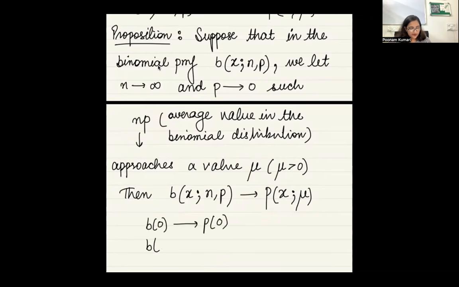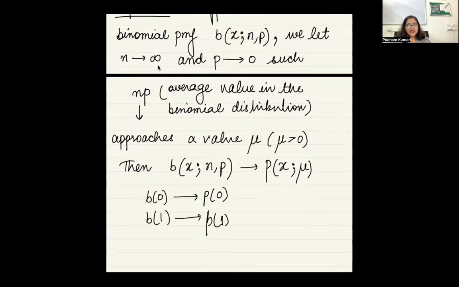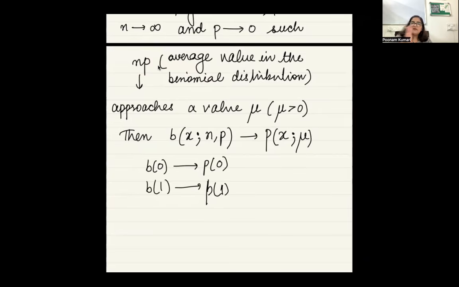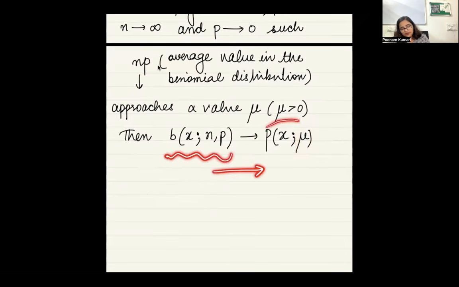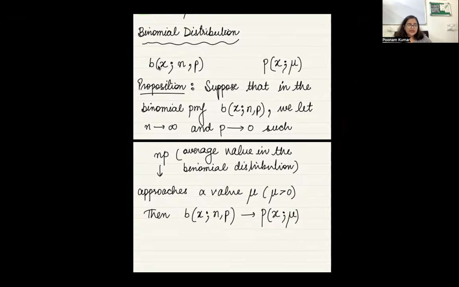If I try to find b of 1, it will be very close to p of 1. Things like that. So whenever n is very large and p is very small, and n times p is equal to some constant mu, then this distribution will become very close to this Poisson distribution. This is your proposition. Is this statement clear?